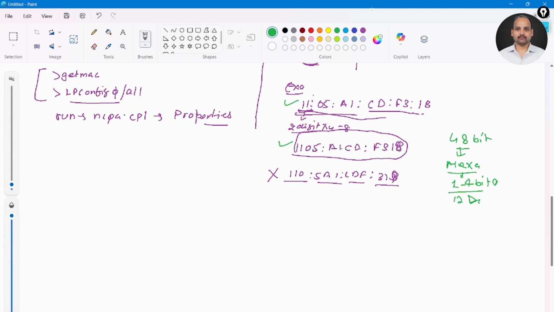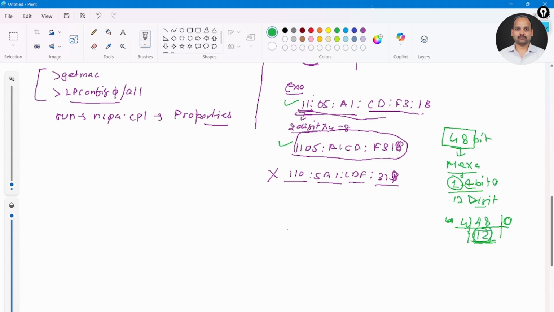You can use 12 digits, because 1 digit uses 4 bits and the maximum is 48 bits. If you divide 48 by 4, you get 12, and the remainder is 0. So the value is 12.